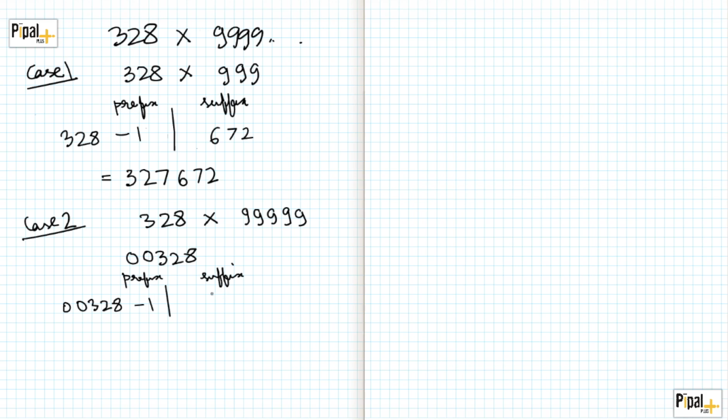Because this is 5 digits, I'm going to subtract 8 from 10, 2 from 9, 9 minus 3 is 6, 9 minus 0 is 9, 9 minus this 0 is 9. So I have 328 minus 1, 327, joined by 99672. This is my answer.